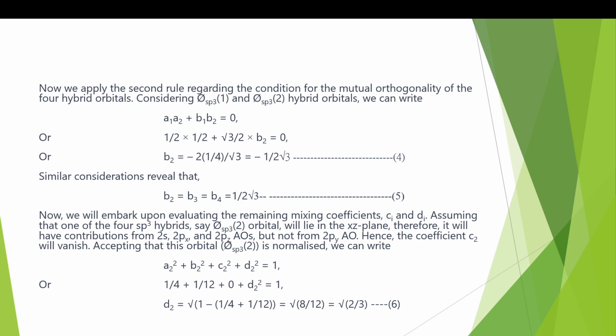Therefore, we can evaluate d2 square, from which d2 equal to under root 2 by 3, equation 6. So we have evaluated a1, a2, a3, a4, c1, c2, d1, d2.